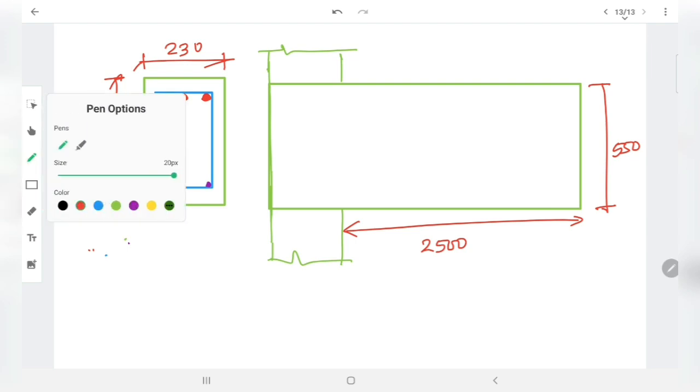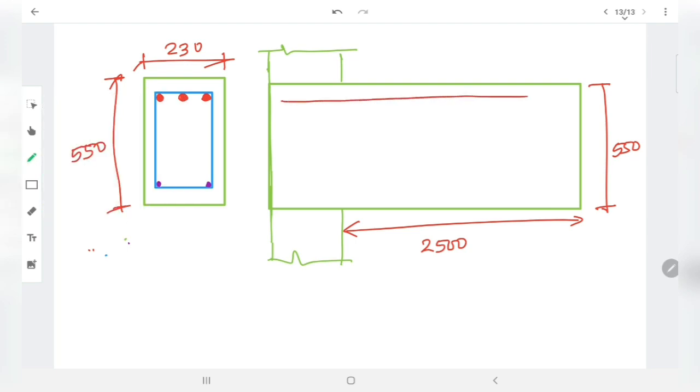So here what I will do, I will be showing the reinforcement detailing.